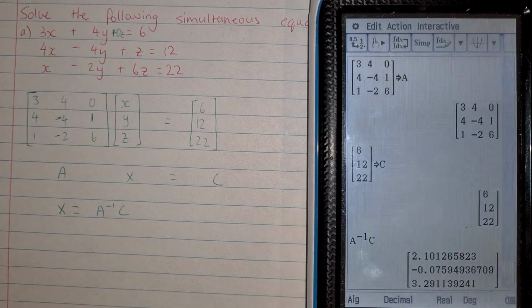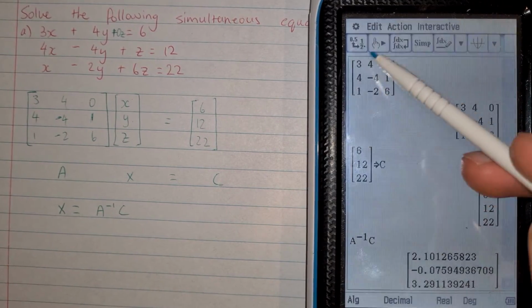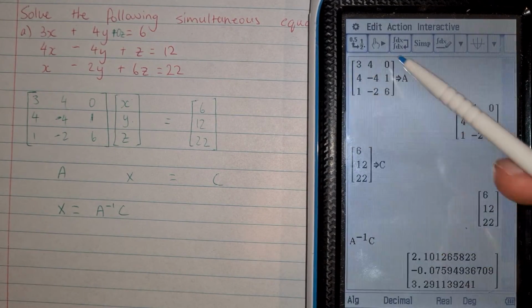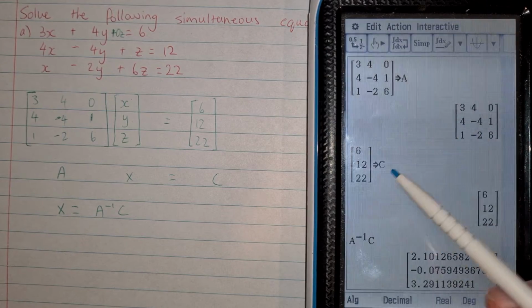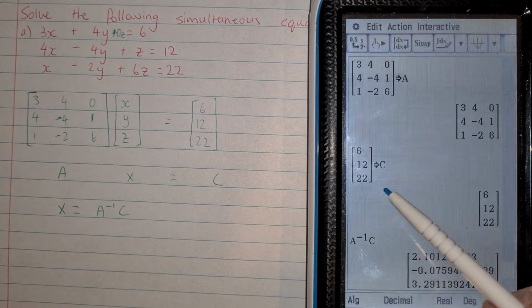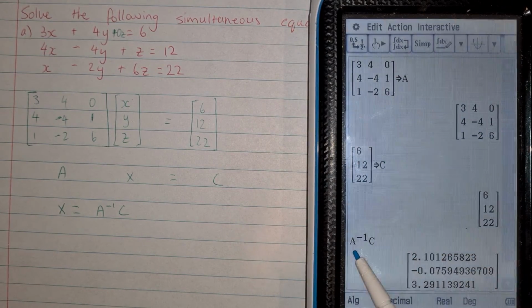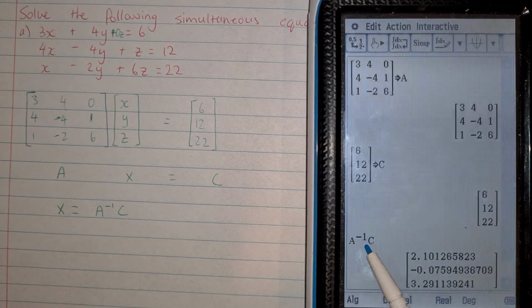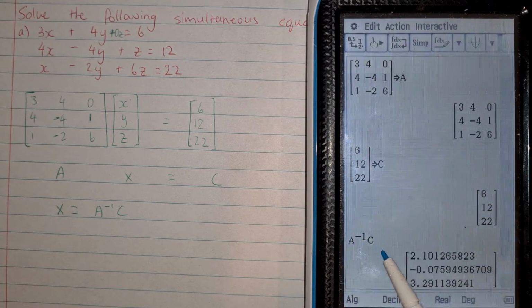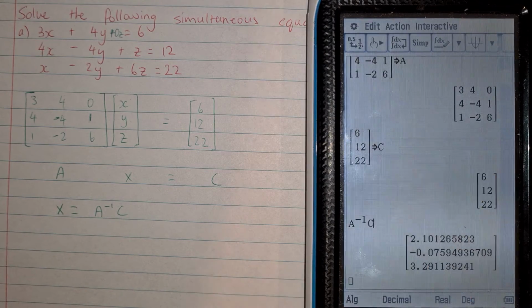Alright, so I've assigned my A matrix to the variable A. I've assigned my C matrix to the variable C, and I've just calculated A to the power of -1, which will give you the inverse matrix multiplied by C. And we've got this matrix here. So I'm going to round them to 3 significant figures.